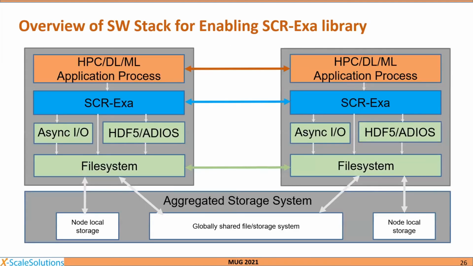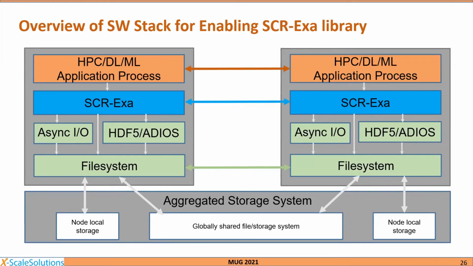And this just gives you an overview of the software stack which SCR Xer uses. On the top, you can see first is the distributed system. So it has multiple processes as well as multiple threads within the same node if necessary. And this is what it shows.